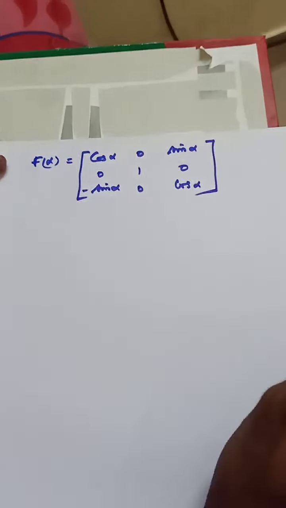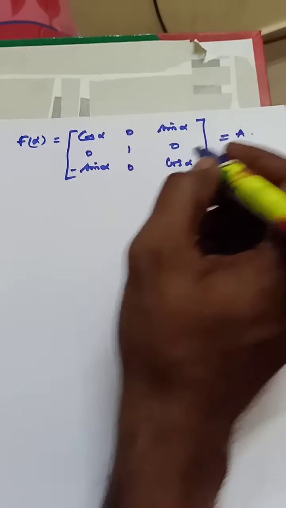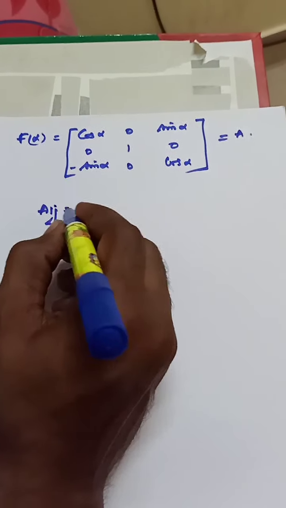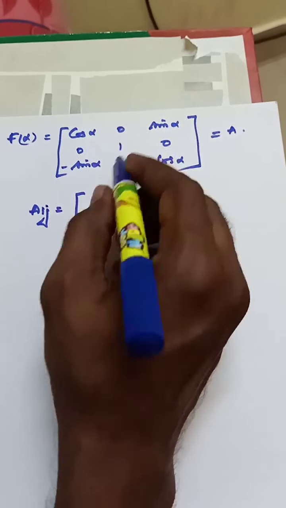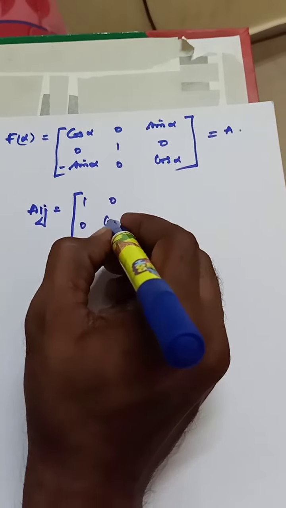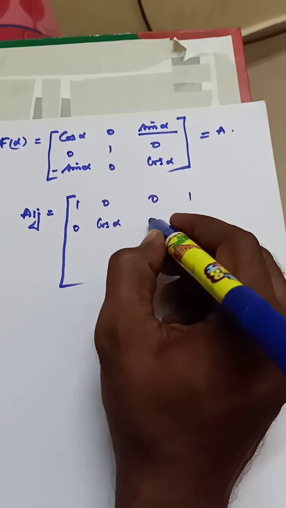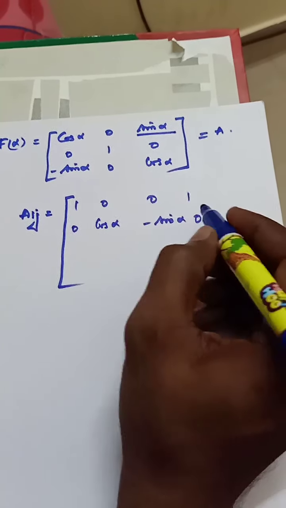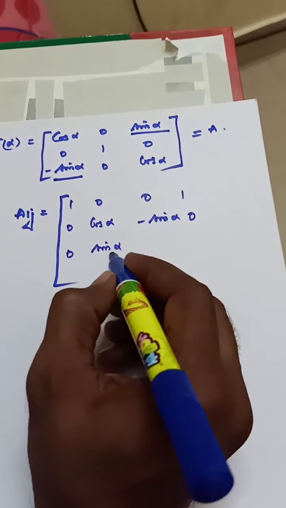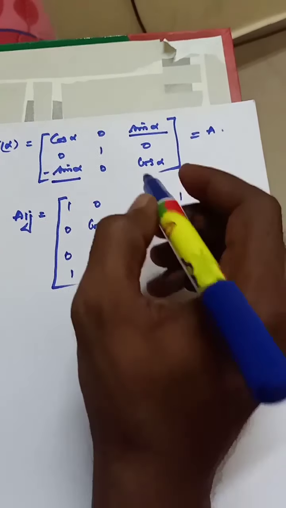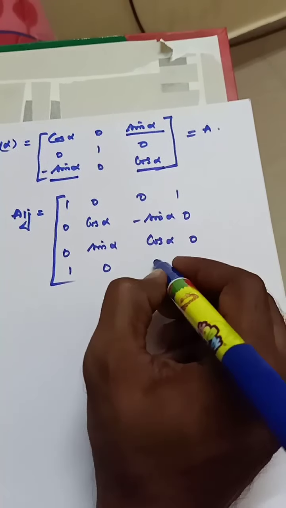We have to find the cofactor matrix, so we call it again A. So your Aij is nothing but the minor of cos alpha is 1, 0, 0, cos alpha, and the minor of sin alpha is 0, 1, minus sin alpha, 0, and the minor of minus sin alpha is 0, sin alpha, 1, 0, and the minor of cos alpha is cos alpha, 0, 0, 1.